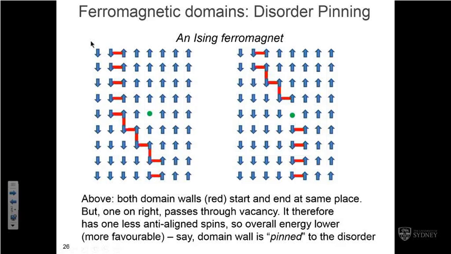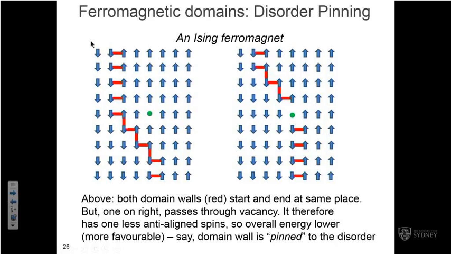So when you go through a position where you've got opposite spins, that costs you extra energy, okay, because it's not favorable. They like to be all of the one spin. Now this boundary or domain wall, if you like, passes through a defect, and so you get one less of these kind of interactions appearing.